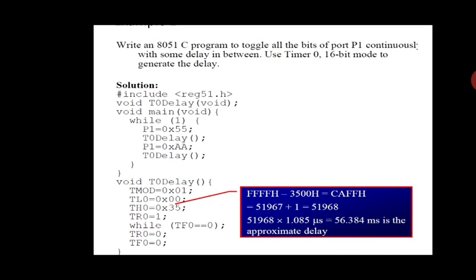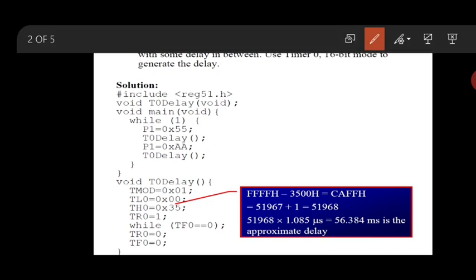P1 will be set with 55, which is 0 1 0 1 0 1 0 1. That means alternate bits are toggling.